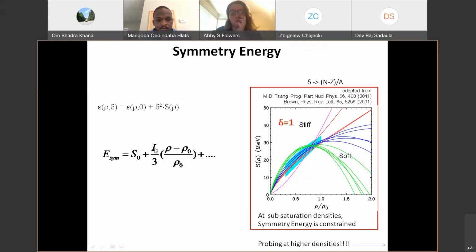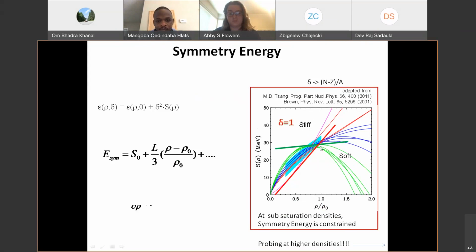This L is the slope and S_0 is the offset. If you draw the tangent on these different curves, then you can get the values of L, which is the slope. So we can say that we have soft symmetry energy and stiff symmetry energy here.